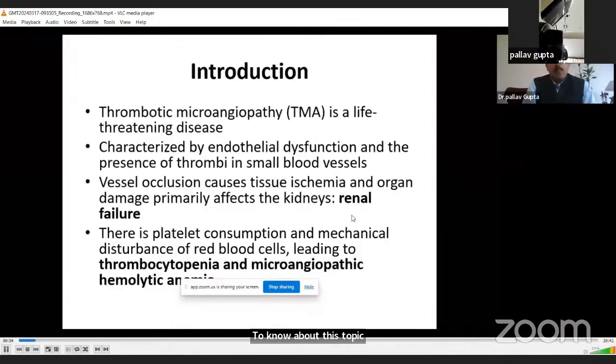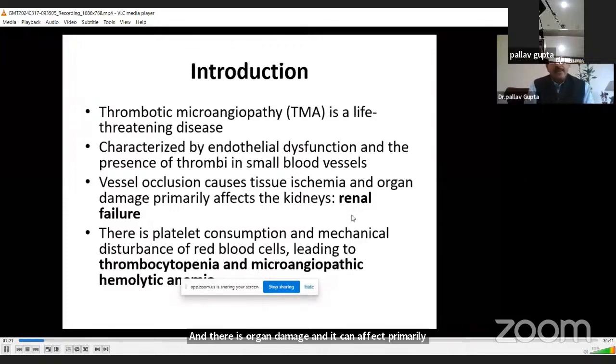So what is thrombotic microangiopathy? Thrombotic microangiopathy is basically a disease characterized by endothelial dysfunction and the presence of thrombi in the smaller blood vessels. It is a life-threatening disease, and when the vessels get occluded, it causes tissue ischemia and organ damage, and it can affect primarily the kidneys.